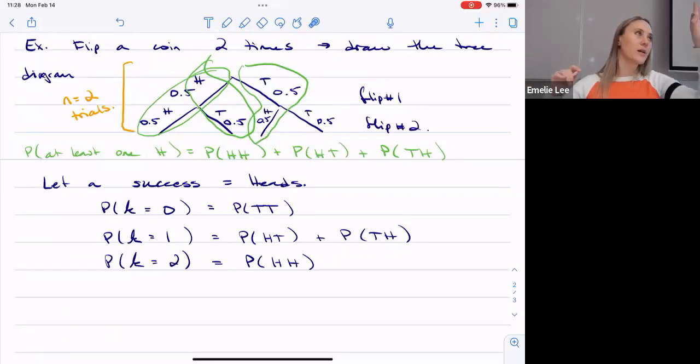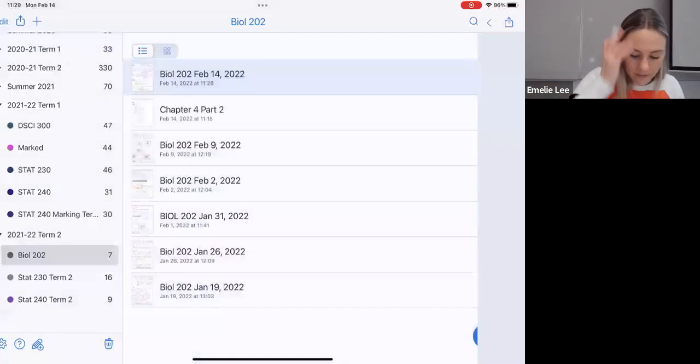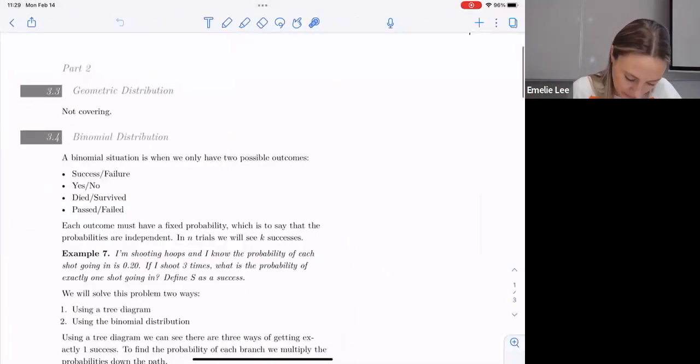And you can't possibly sit there all day and try to figure out how many streams have exactly 1 head and how many streams have exactly 2 heads, how many exactly have 3, up to 10, right? And so that's going to get out of control. And so that's where the binomial distribution comes in, because it helps you just calculate it using formulas instead. So that's kind of cool.